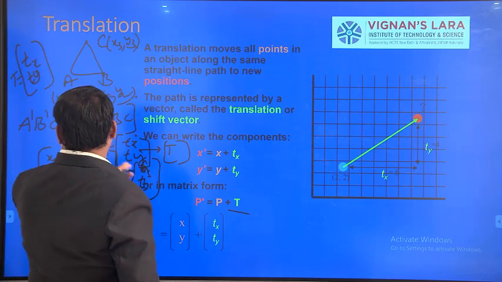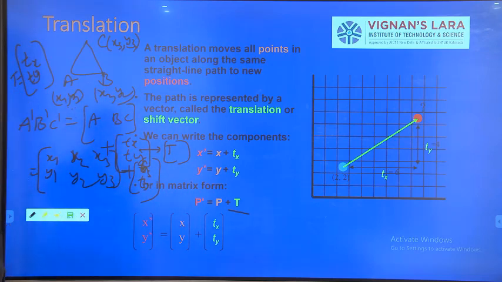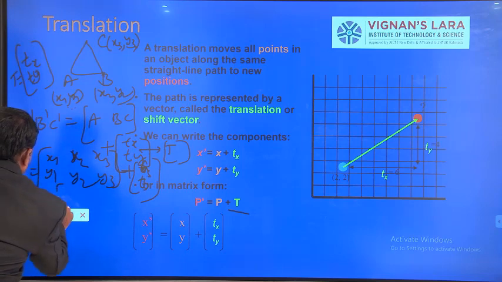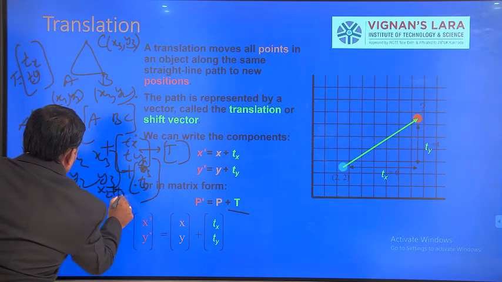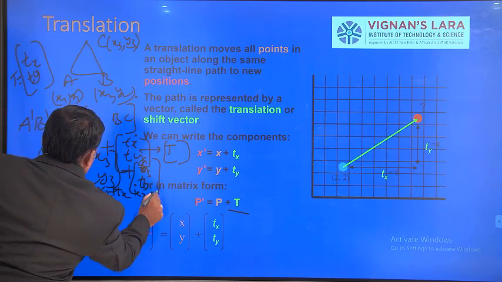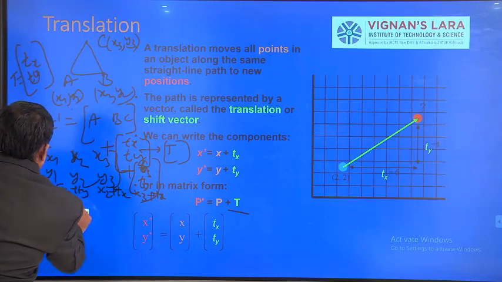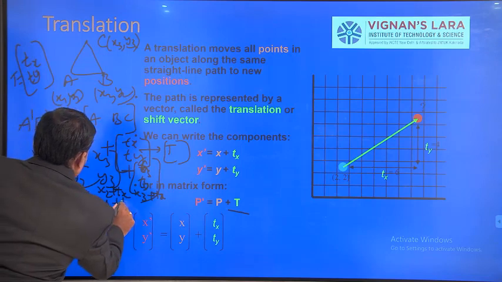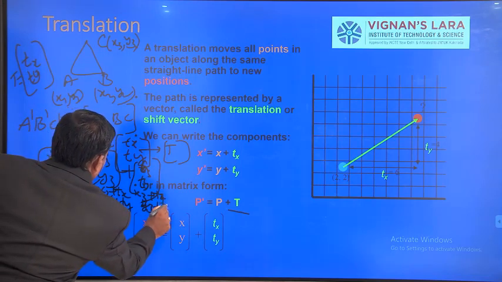And we have to apply these values. In matrix algebra, how will we get this? x1 plus Tx, x2 plus Tx, x3 plus Tx. Next, y1 plus Ty, y2 plus Ty, and y3 plus Ty.